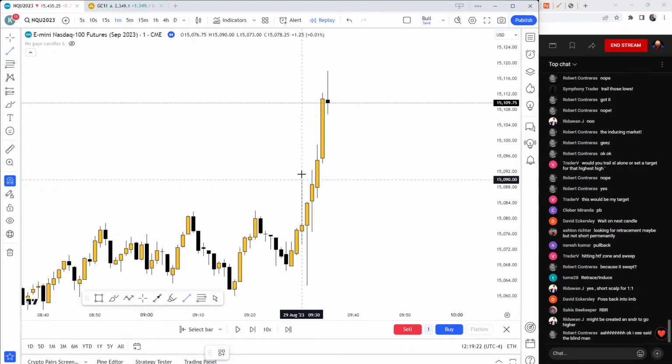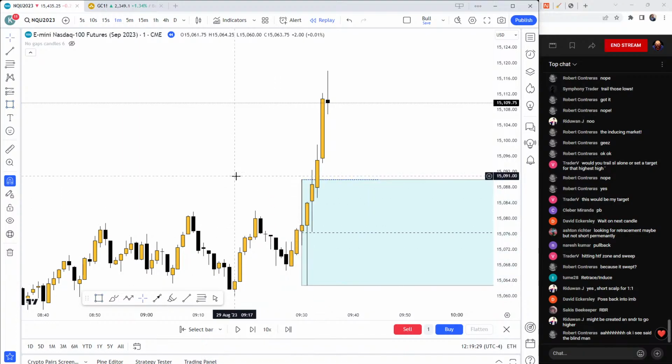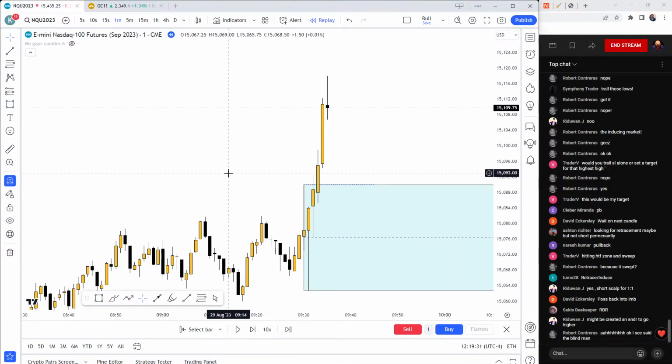We've got this 930 high here, which is our big range here. Quite often, we trade back into it. Right? I think there was a couple of days last week that we traded back into it.